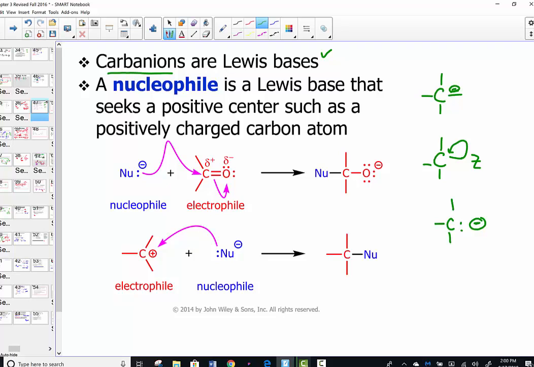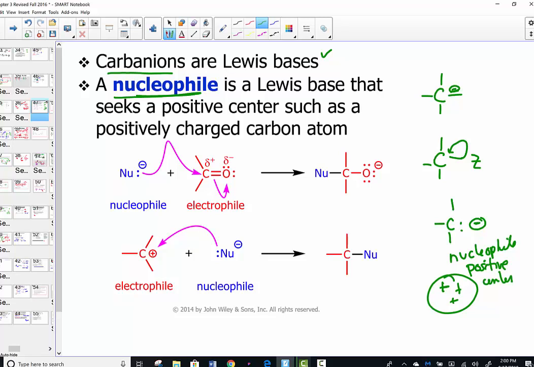Well, if this is negative, it's going to be seeking a positive center. So therefore, its vocabulary word is called a nucleophile. Remember that the nucleus of an atom contains positive protons and neutral neutrons, but the nucleus is a positive center.